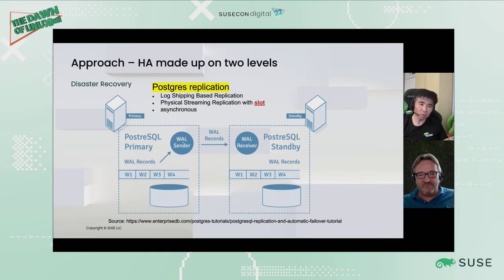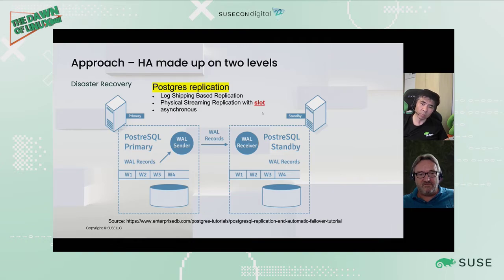And those WAL log files will additionally, if we enable streaming replication, also go to the standby Postgres database. So every single write-ahead log segment will be sent to the standby server and replicated into the database of the standby Postgres.